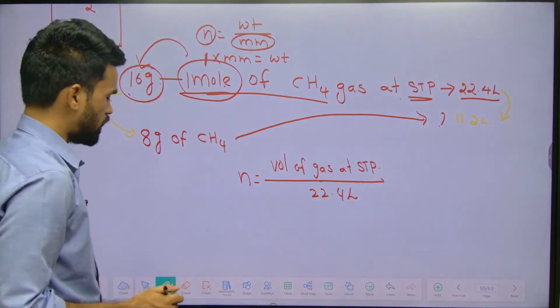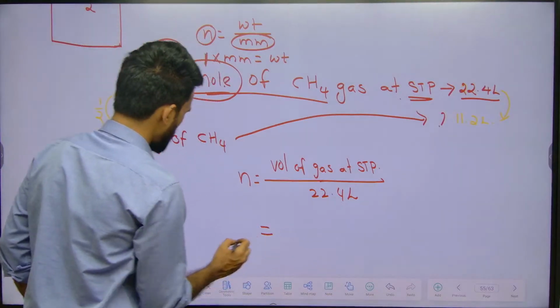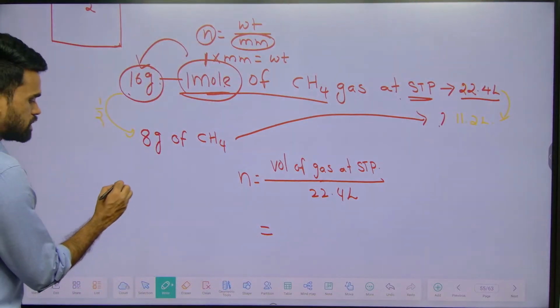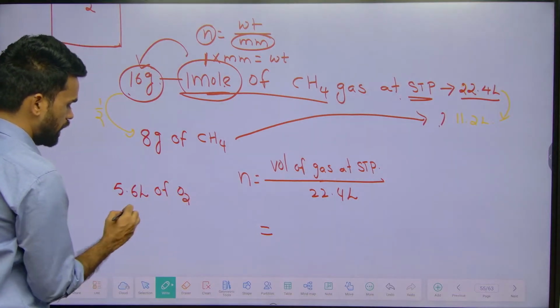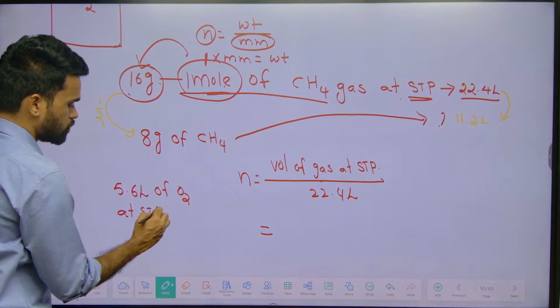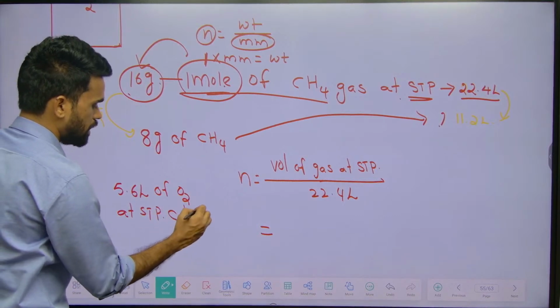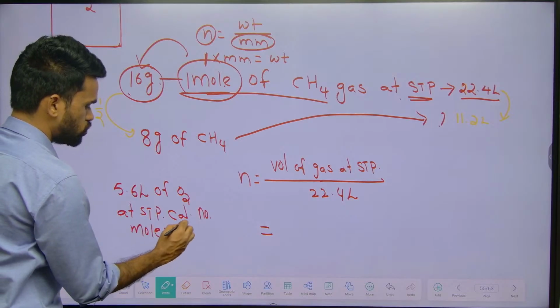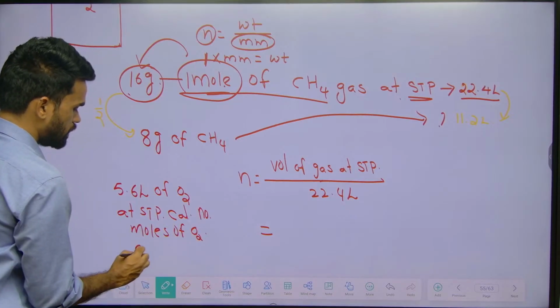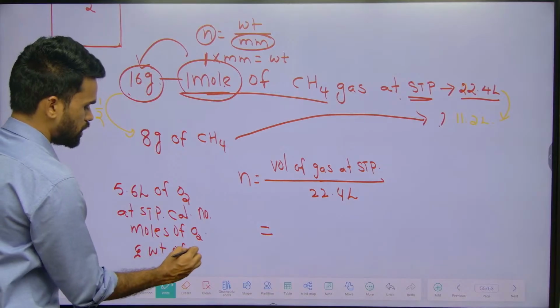See, I have given a volume, something like 5.6 liters of O2 at STP. Calculate the number of moles of O2 and the weight of O2.